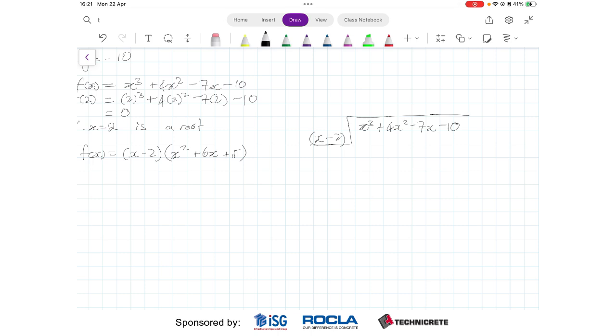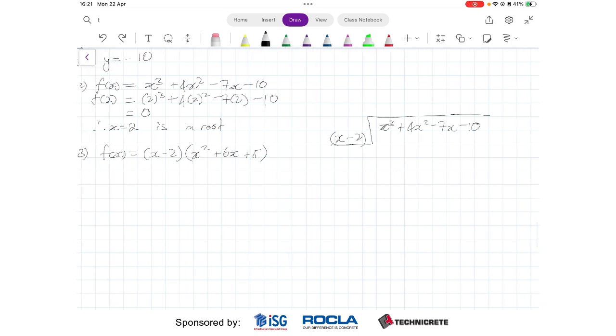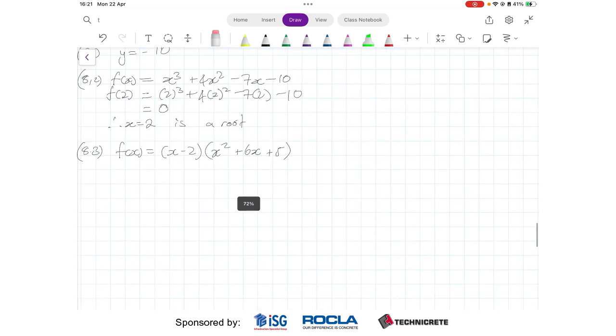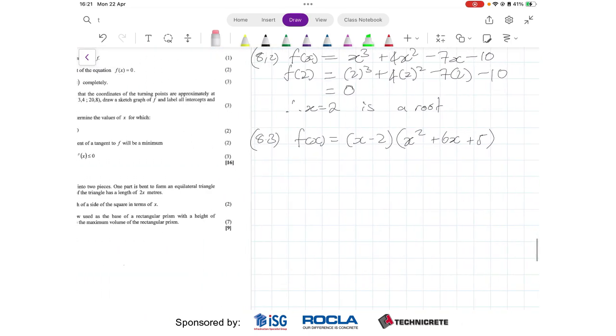Now, if you do the long division method using this little bus notation, you will find that the quotient is x squared plus 6x plus 5. I will leave that to you to do as homework. Just kidding. But yeah, that is how you find the factors using the long division method.